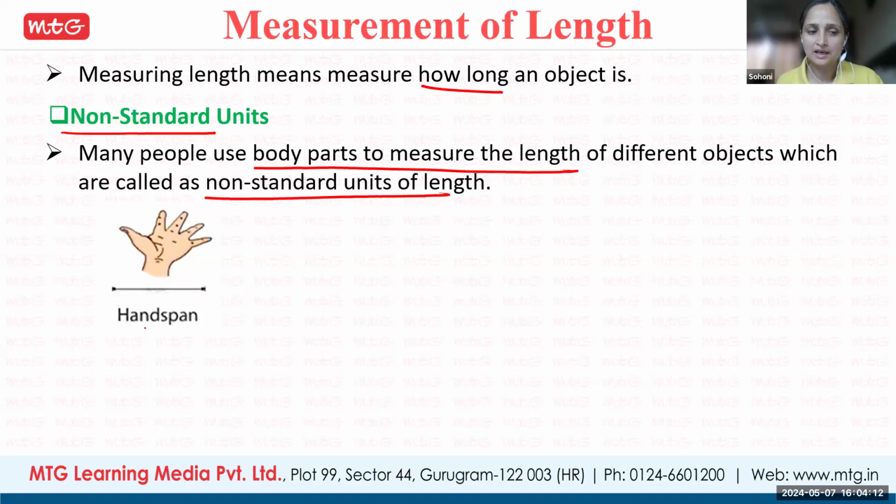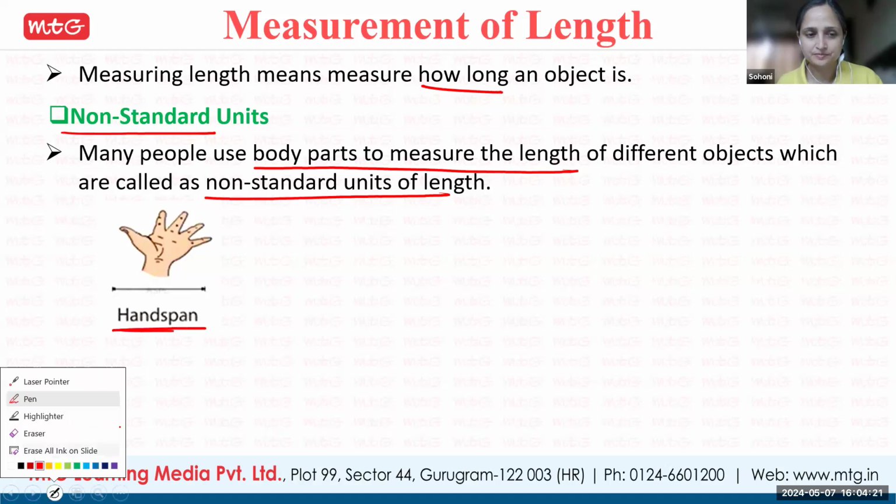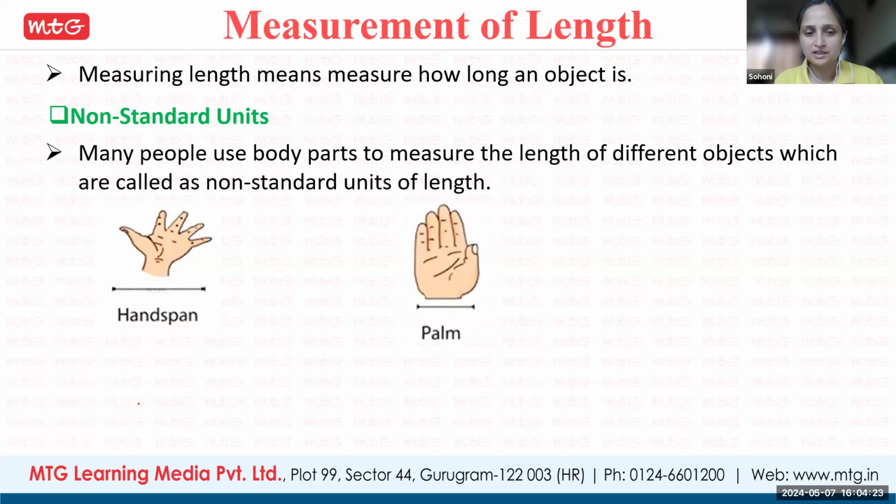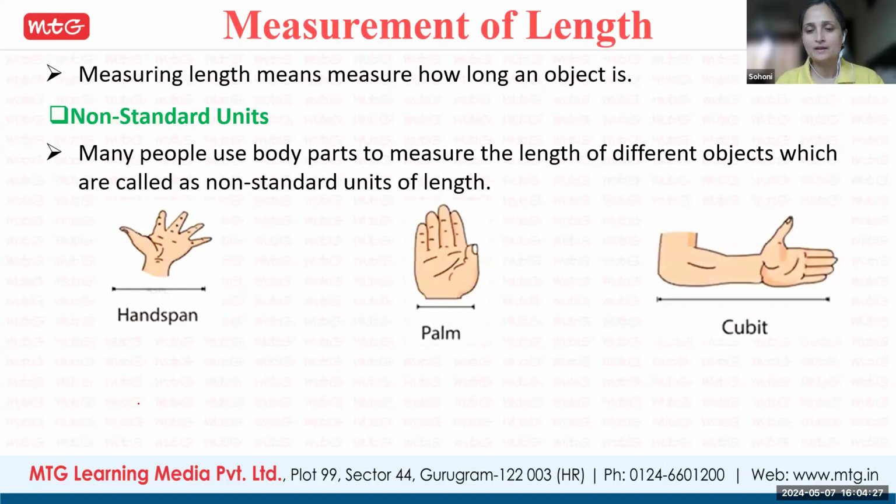So this is called hand span. This is hand span. Then palm. This is cubit. Cubit means the length between your elbow and the fingers.